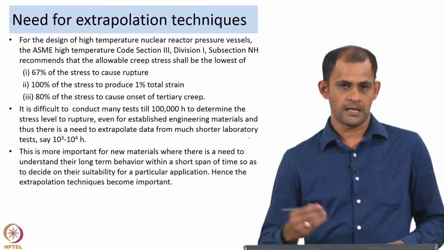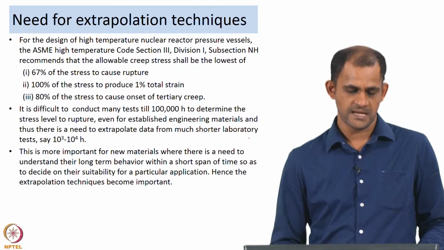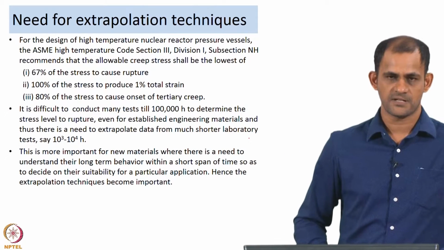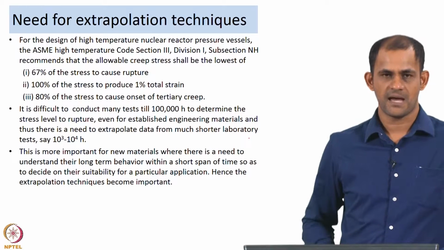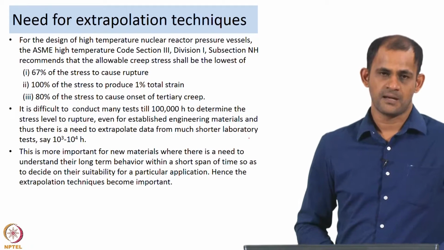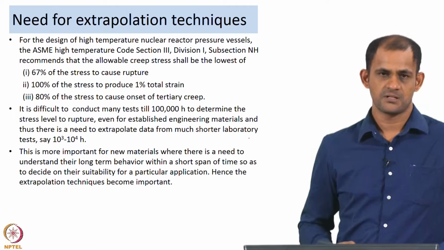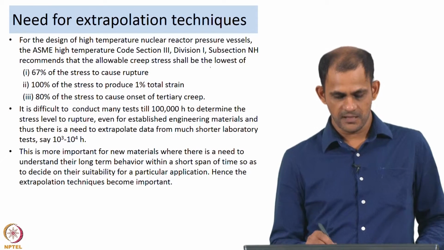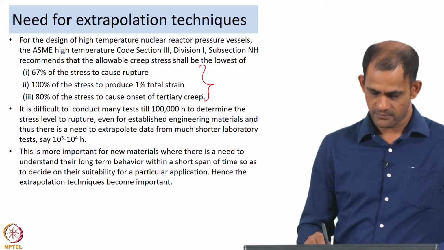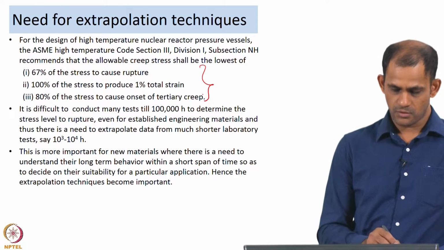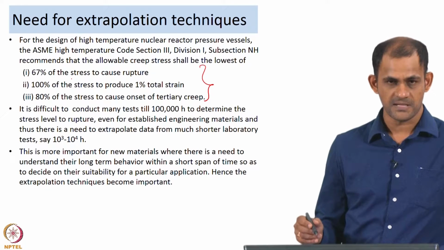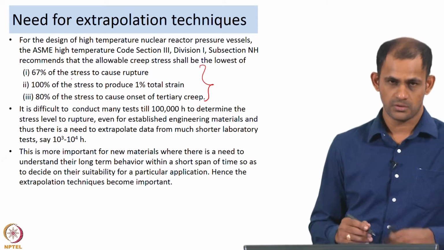Now, another way of looking at the design of components is also, for example, the design of high temperature nuclear reactor pressure vessels. The ASME has recommended the following creep stress levels. So, they say the allowable creep stress should be the lowest of the three mentioned here. So, the creep stress can either be 67% of the stress to rupture.